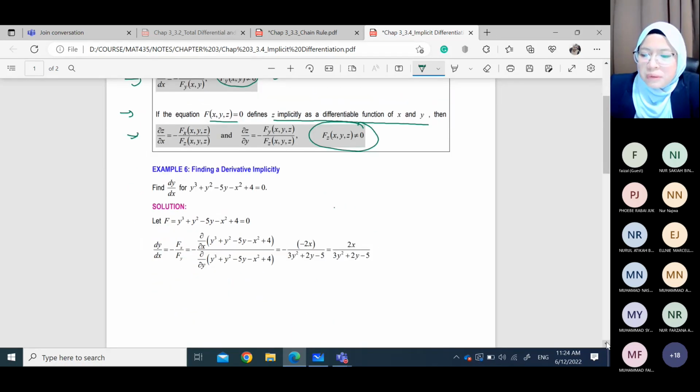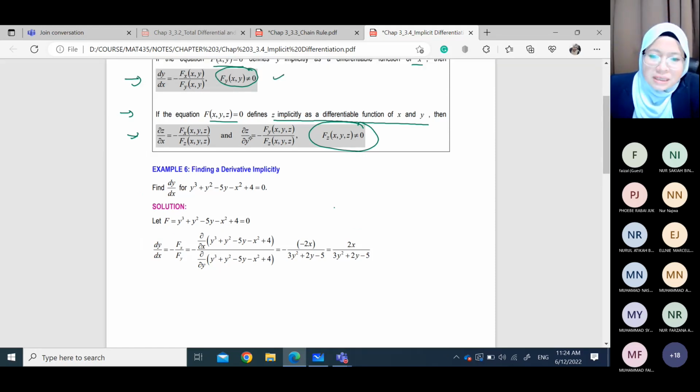So we look at this example. Example 6, find a derivative implicitly. So when the question asks you to find a derivative implicitly, then you need to apply implicit differentiation. The question asks you to find dy/dx for y to the power of 3 plus y squared plus 5y minus x squared plus 4 equal to 0.